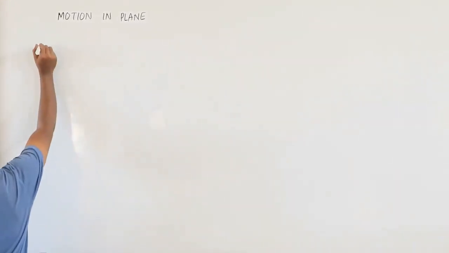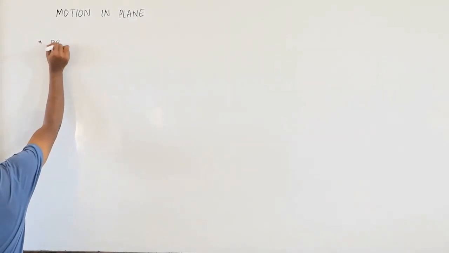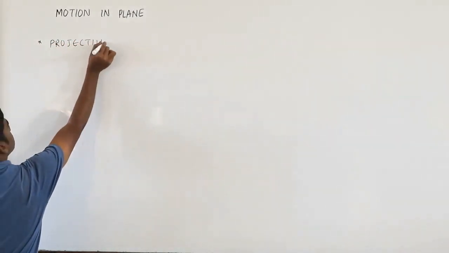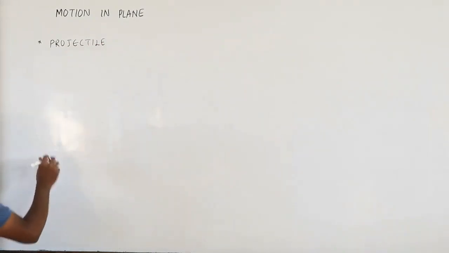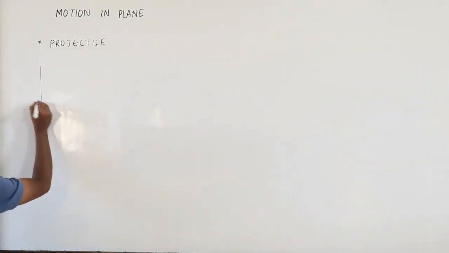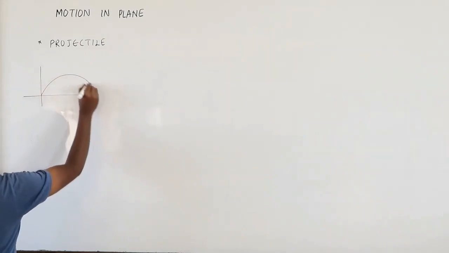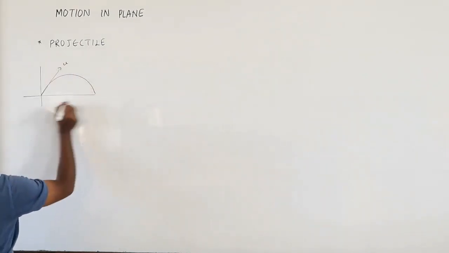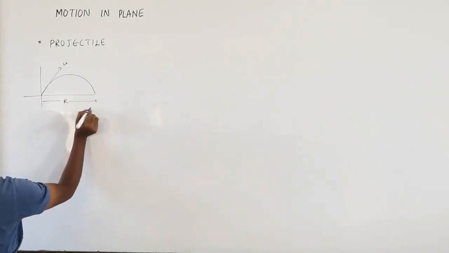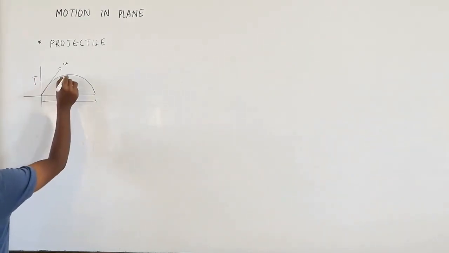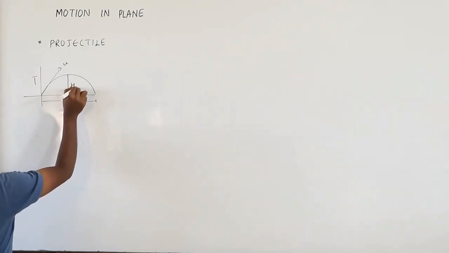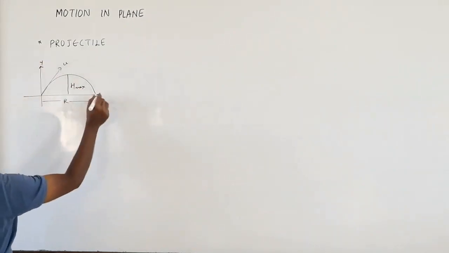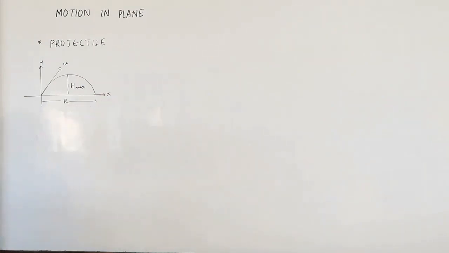So about the projectile, what are the things we have discussed? Suppose this is the projectile motion. If this is the initial velocity u, this is the horizontal range, and this is the maximum height. This is the y-axis, and this is the x-axis.